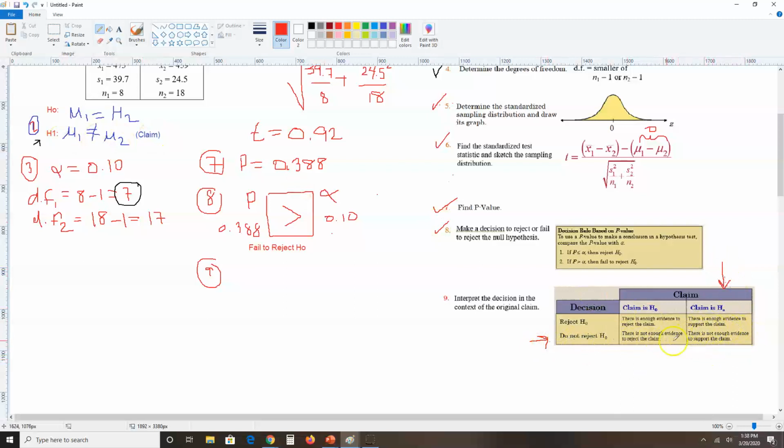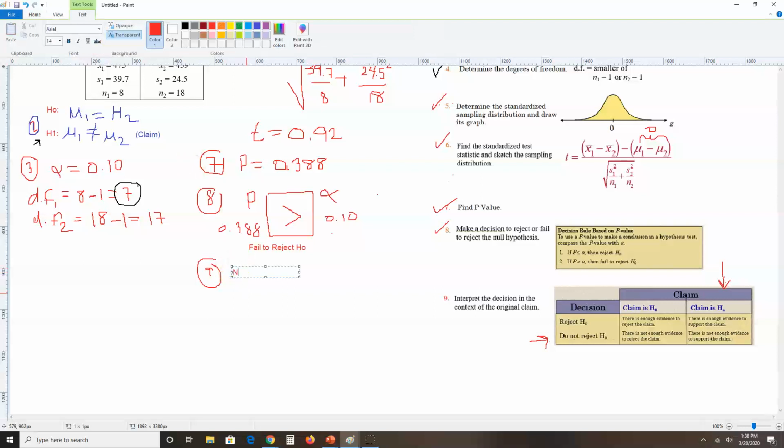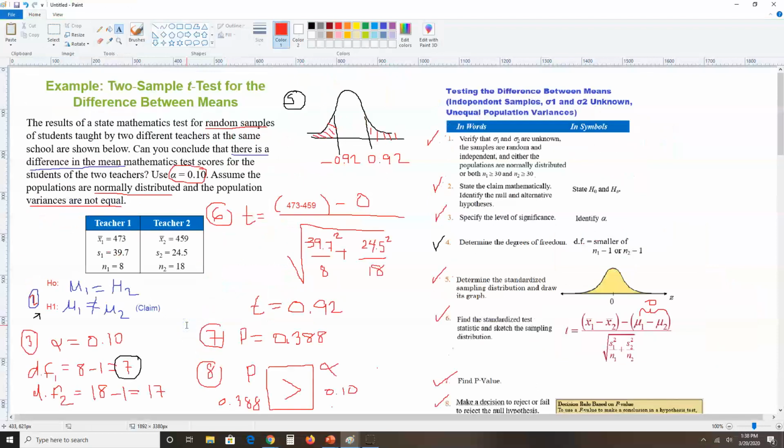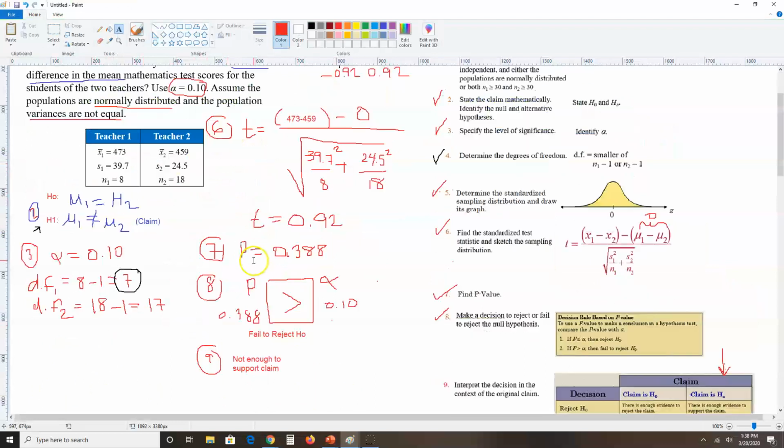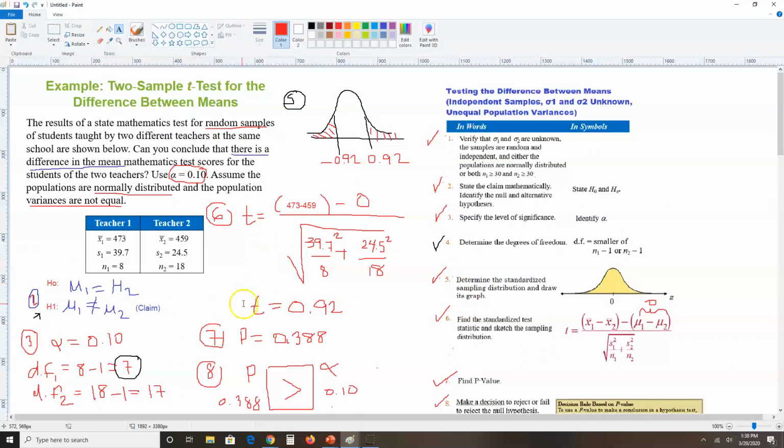There is not enough evidence to support the claim. What claim? That there was a difference between the mathematics test scores from the 2 teachers. Okay, and that's how you work this out. Hope this helps.